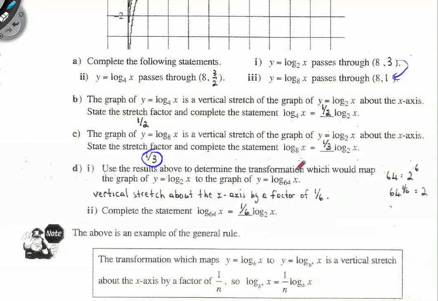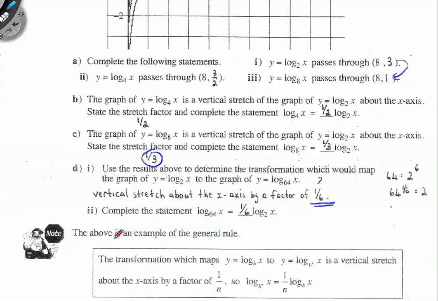Use the results above to determine the transformation which would map the graph of log x base 2 to the graph of log x base 64. Well, 64 is really 2 to the 6, so the stretch would be a vertical stretch by a factor of 1/6.